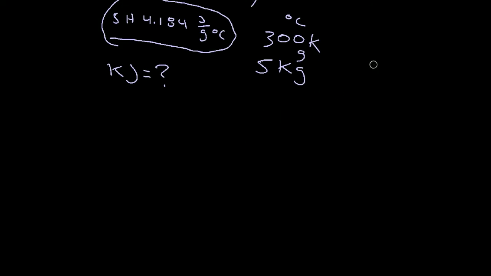So we know if we're going to go from Kelvin to degrees Celsius, that we're just going to subtract 273. And I know that if I have 5 kilograms, for every 1 kilogram, there's 1,000 grams in there. So that's really going to be 5,000 grams.